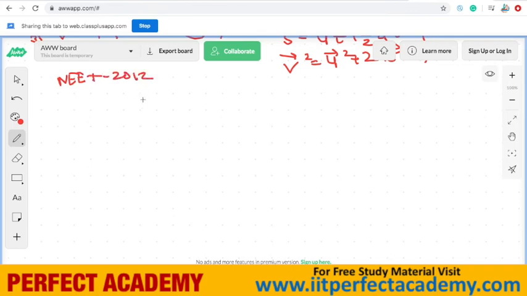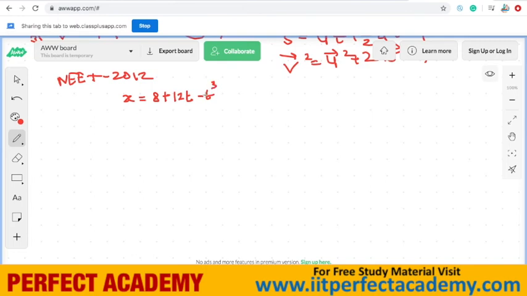They are saying the motion of a particle along a straight line is described by the equation x = 8 + 12t - t cube.